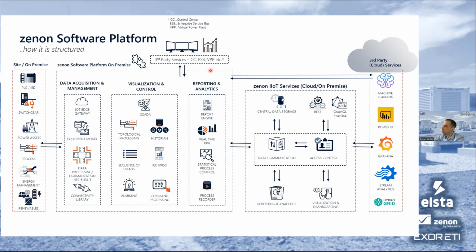We can connect to your BMS systems with our process gateway. And with Zenon IoT services, you can put your distributed power plants into the network and also access other third-party systems.